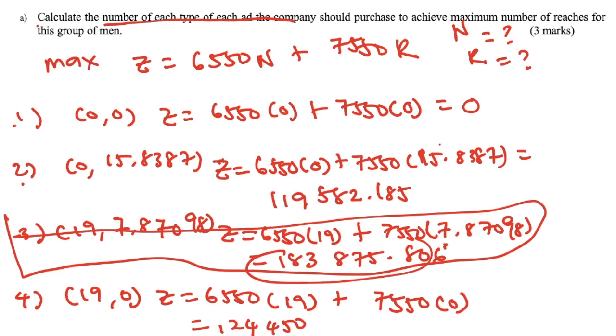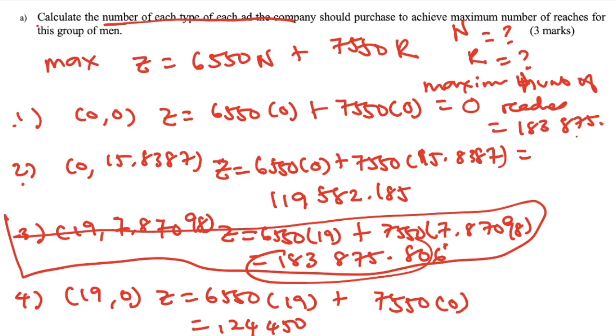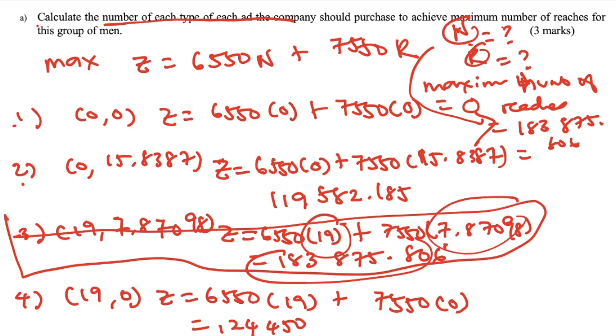Get the maximum one. So the maximum exposure, maximum number of riches is 183,875.806. But the question asks you how many N, how many R that can maximize this one. So how many N, how many R is actually 19 and also 7.87098.